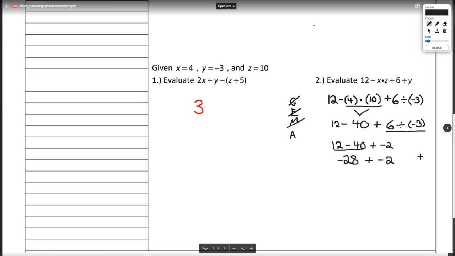Remember, two signs here, you got to get rid of one of them, and a negative always wins. If I have a positive and a negative, my answer is going to be a negative. So let's rewrite this. This should be 28, and our two signs are a negative. We always drop our doubles. If I have negative 28 and I take away 2 more, I get negative 30. So as you can see, we get the same value whether we use Desmos or we do the evaluation.